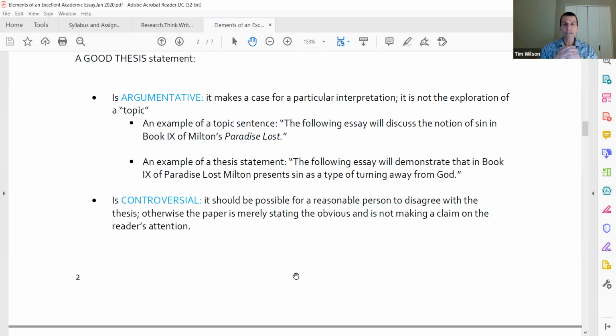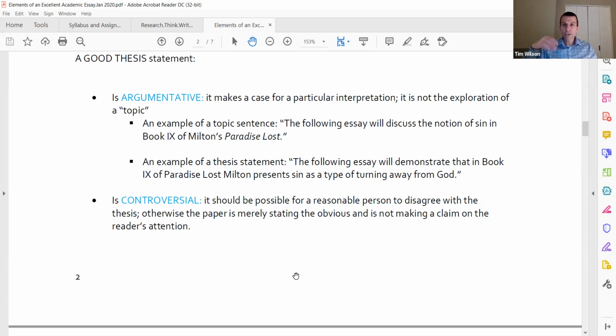And the next statement is an example of the opposite, where that is a thesis. The following essay will demonstrate that in Book 9 of Paradise Lost, Milton presents sin as a type of turning away from God. Okay, because people could conceivably interpret what sin is in Paradise Lost differently.